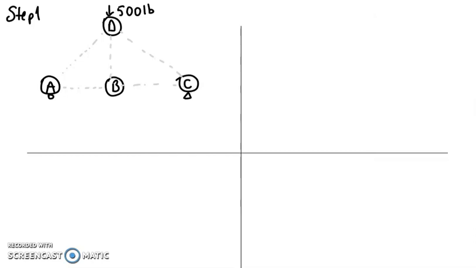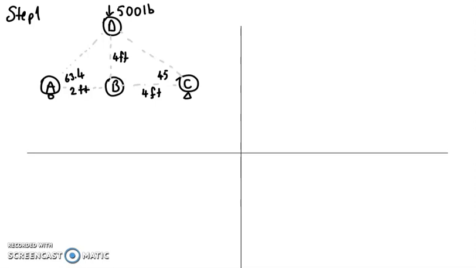The angle between them is 63.4, and this is 45. We're going to count the boxes, and this is 2 feet, and this is 4 feet, and this is 4 feet height.